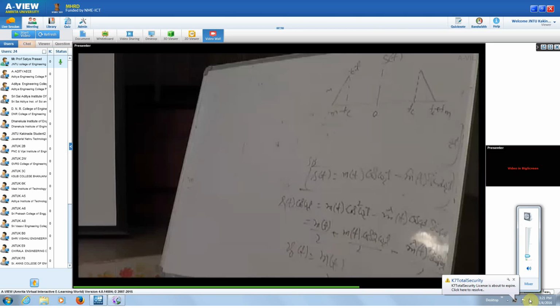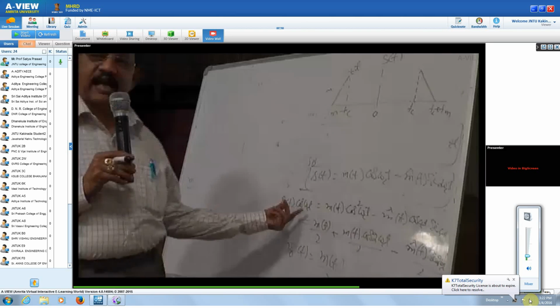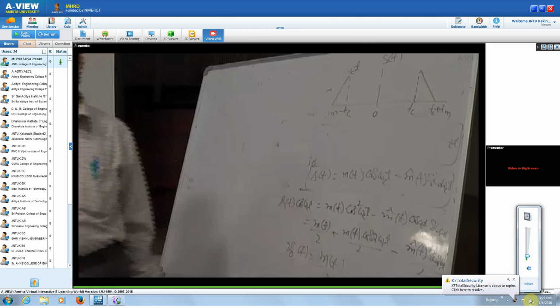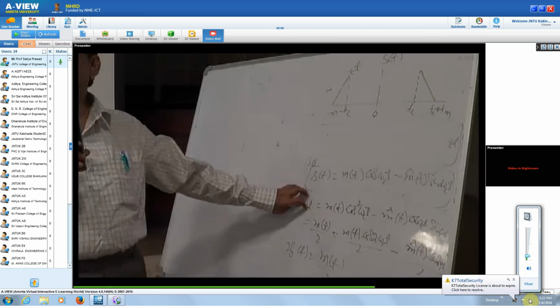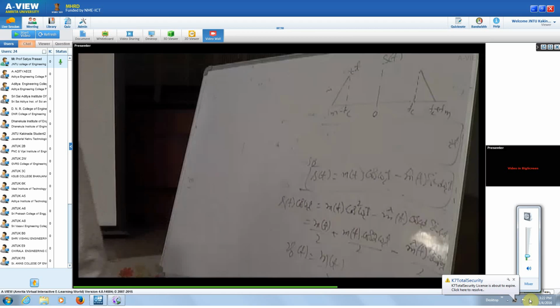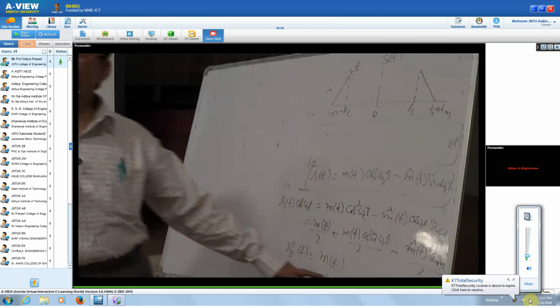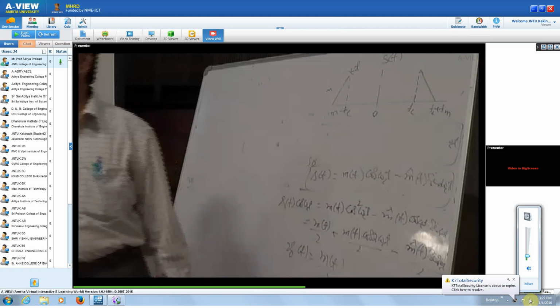So by having a proper carrier cos omega ct at the receiving end, you can recover the baseband signal. One thing is we require a coherent carrier, because if there is any change in the phase or the frequency, that will be multiplied with this m of t also, as cos phi.